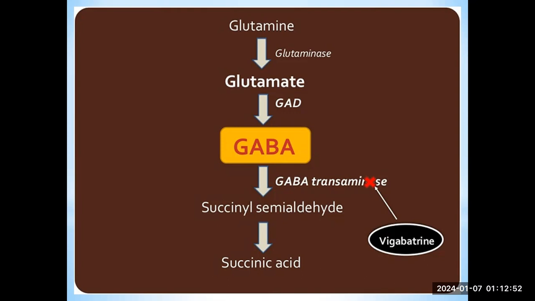The action of GABA transaminase is inhibited by vigabatrin.